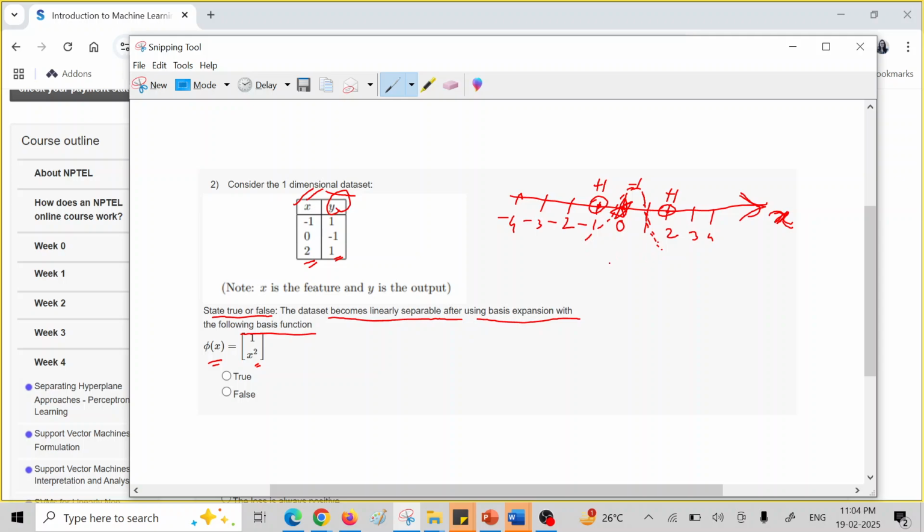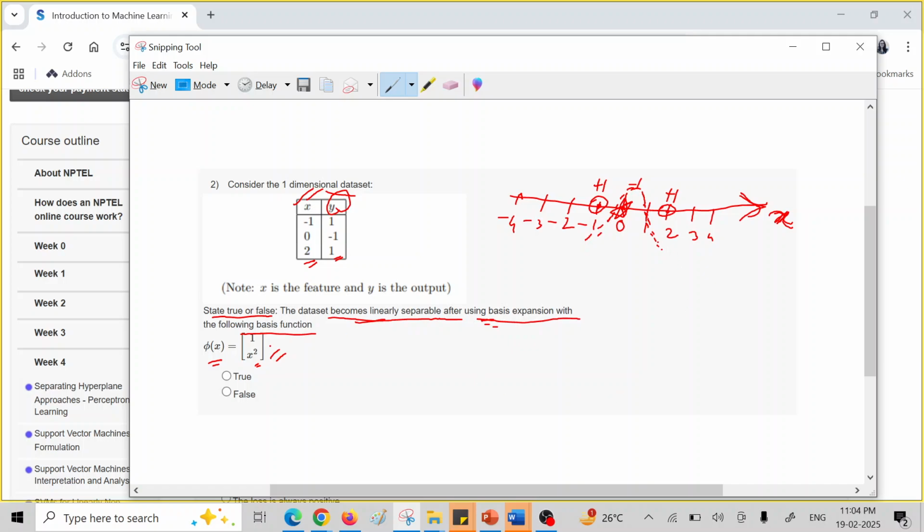So this question is asking: if I transform this data using some kernel function into a higher dimension, will it be linearly separable or not? Originally it is not linearly separable.